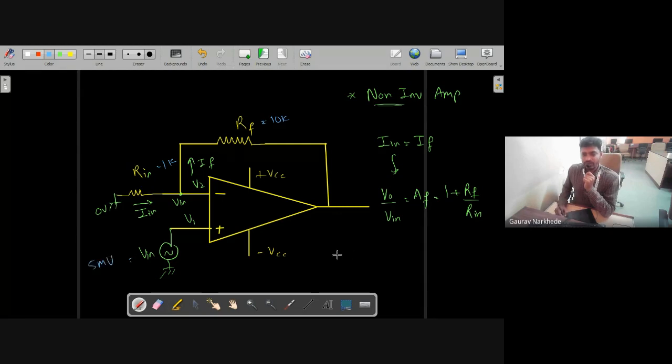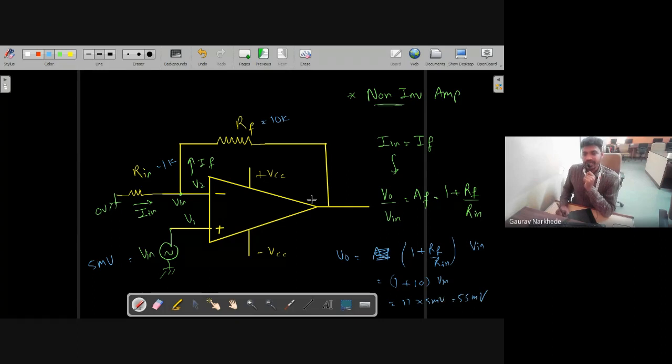What will V naught be? AF times V in, where the gain is 1 plus RF by R in. So it will be 1 plus 10 by 1, that is 11, times 5 millivolts, that is 55 millivolts as the output.